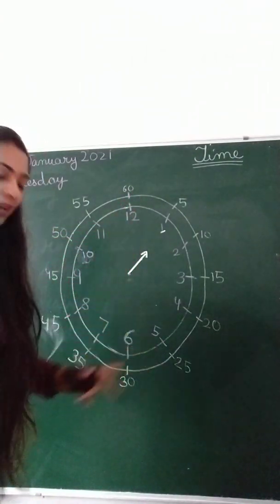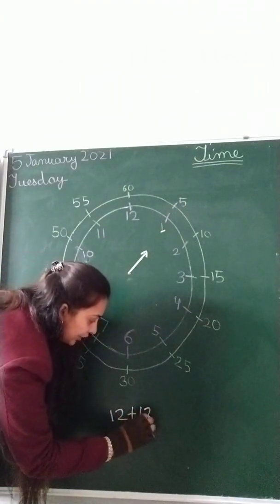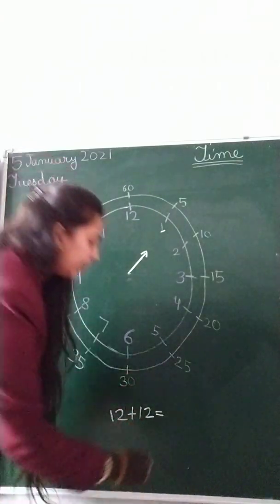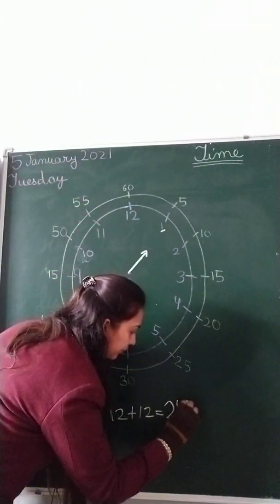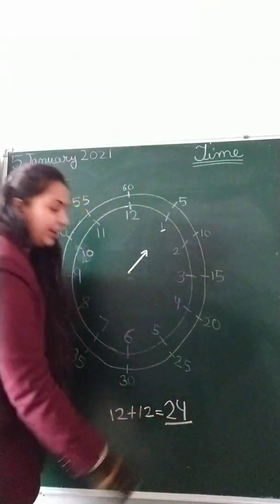That means 12 plus 12 is 24. When you add 12 plus 12, your answer is 24. That means we have 24 hours in one day.